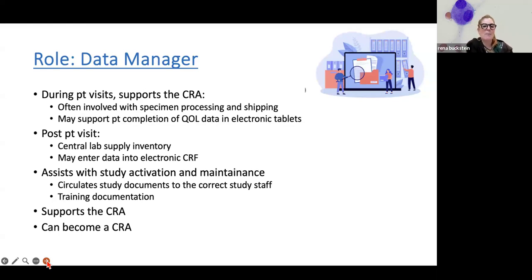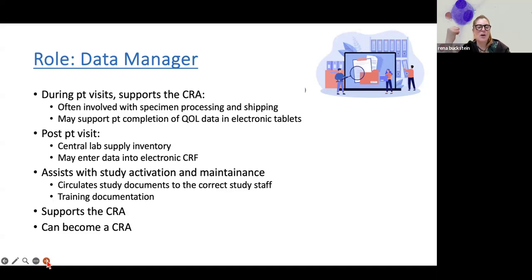And they also may be the ones who take what's printed on a case report form and enter it into the electronic case report form. Sometimes it's the CRA who does that directly, but sometimes it's the data manager that does that for them, especially if the CRA is super busy with patients in clinic all day long. They also will help with study activation and maintenance.